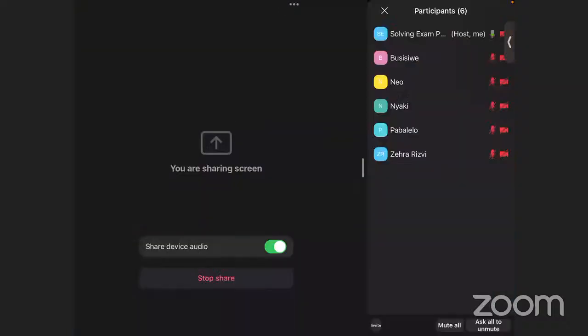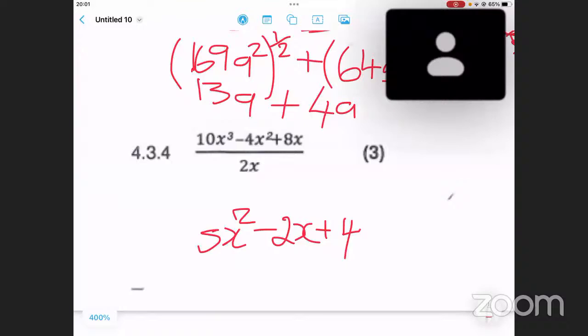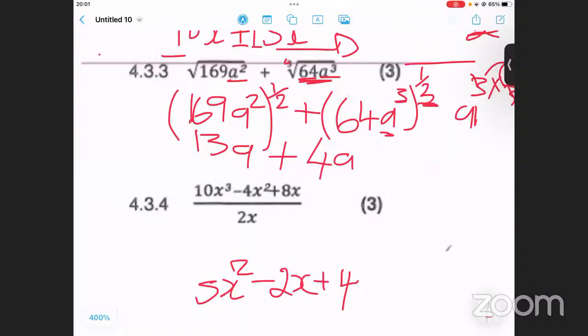Busisi, yes, ma'am. How did you work this out? So, ma'am, I separated it. I said 10x cubed divided by 2x, minus 4x squared divided by 2x, plus 8x divided by 2x.